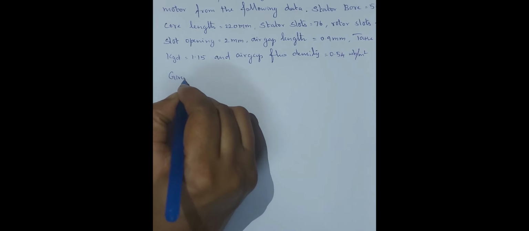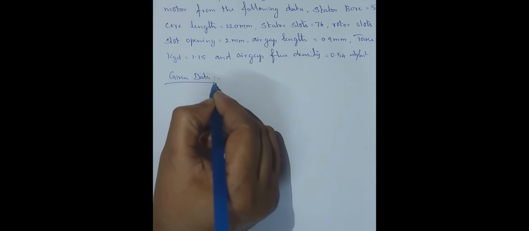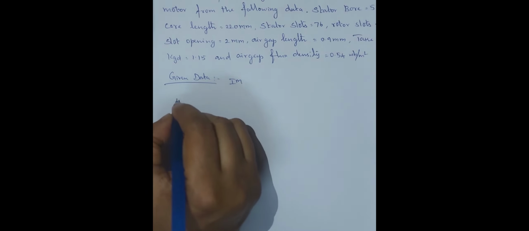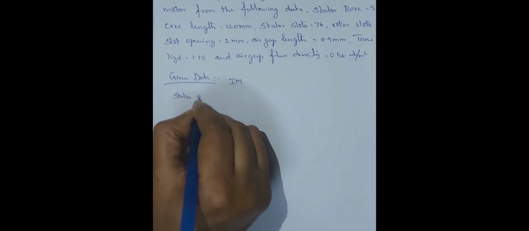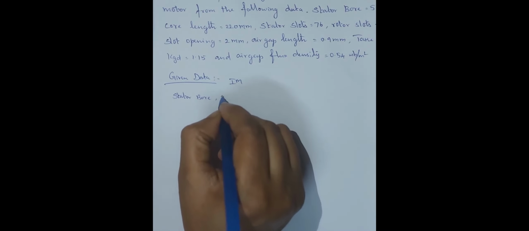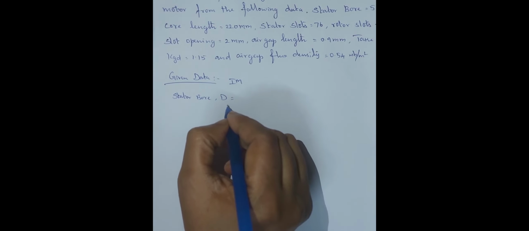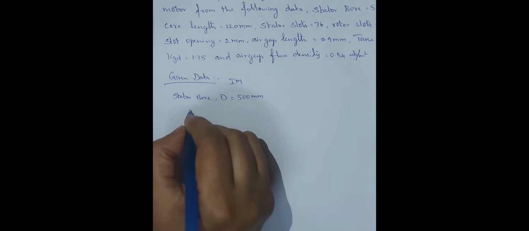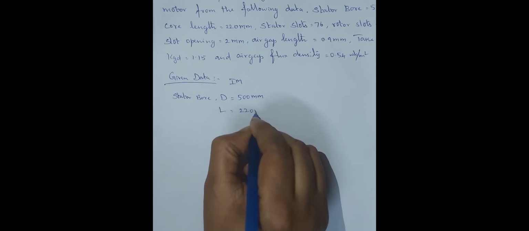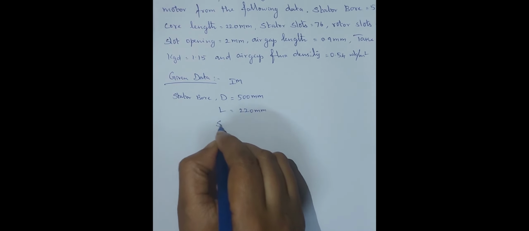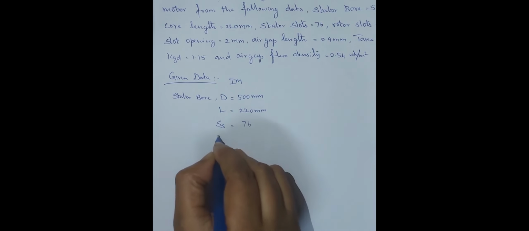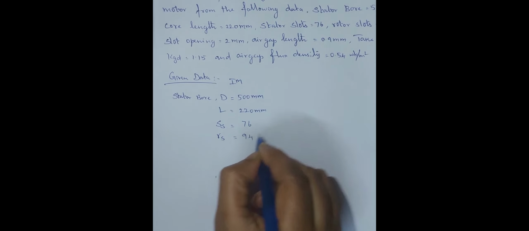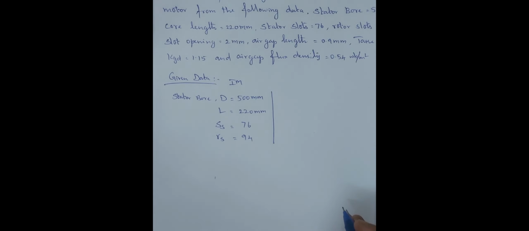Okay, so the given data: first, it is an induction motor. Then stator bore. This stator bore is the diameter. Sometimes they specify it as dia or stator bore, so D is equal to 500 mm. Then core length L is given as 220 mm, and stator slots SS is 76, rotor slots is 94. Then slot opening.